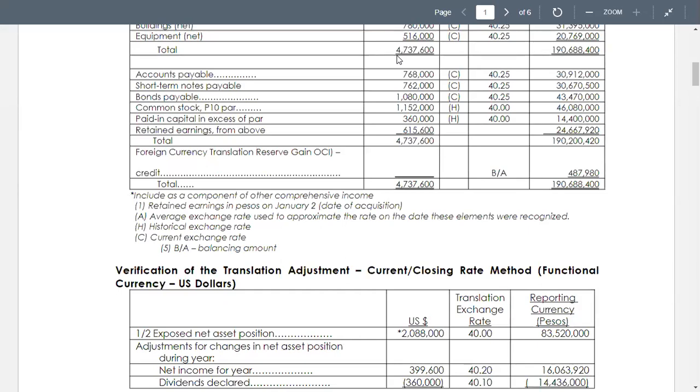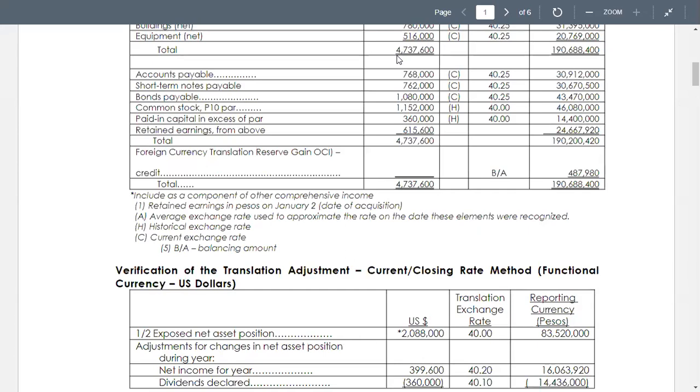Okay? So we now begin with accounts payable. How do we translate this? Generally, our rule for the current rate, assets and liabilities are translated from the local currency into the reporting currency using the spot rate on the balance sheet date, meaning the current or the closing rate.